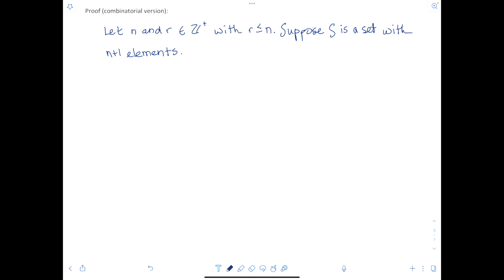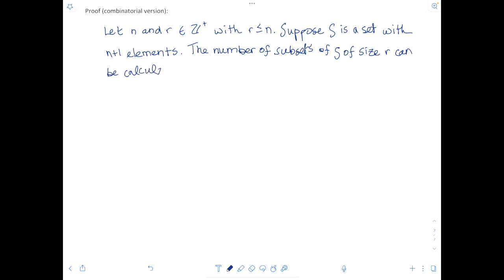The number of subsets of S of size n, or sorry, size r, my bad, can be calculated by thinking of S as containing two pieces.